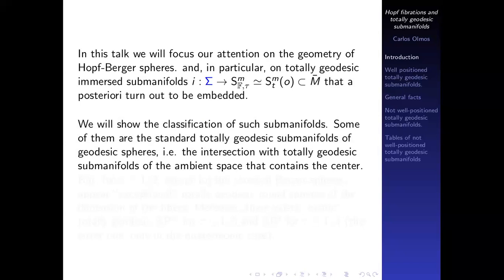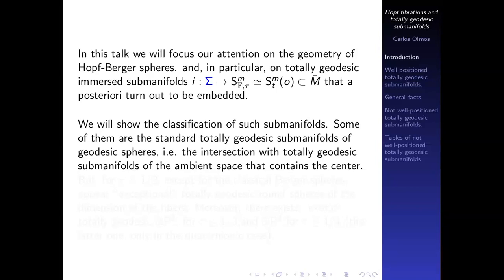Some of these totally geodesic spheres are the standard totally geodesic submanifolds of geodesic spheres. In any geodesic sphere, a totally geodesic submanifold can be constructed as the intersection of a totally geodesic submanifold of the ambient space that contains the center of the geodesic sphere, with the geodesic sphere.